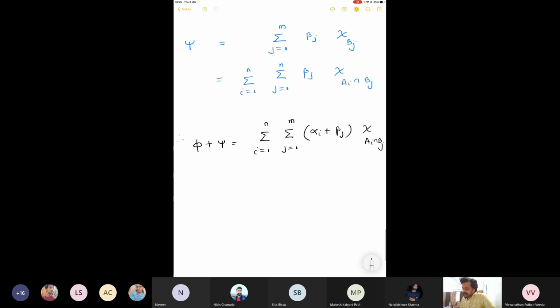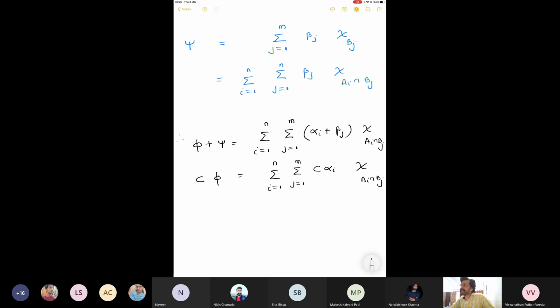Okay. And similarly, c times phi would be equal to summation i equals 1 to n, summation j equals 1 to m, c alpha i chi A_i intersection B_j. So now you have a representation for phi plus psi and c phi.